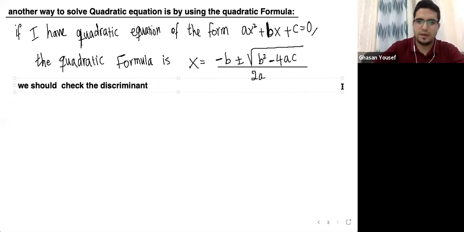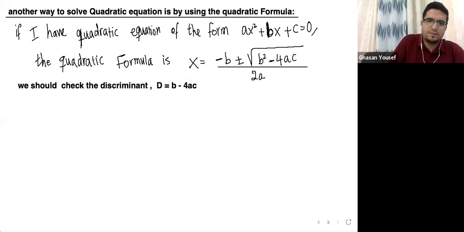I can denote it by D equals b squared minus 4 times a times c.